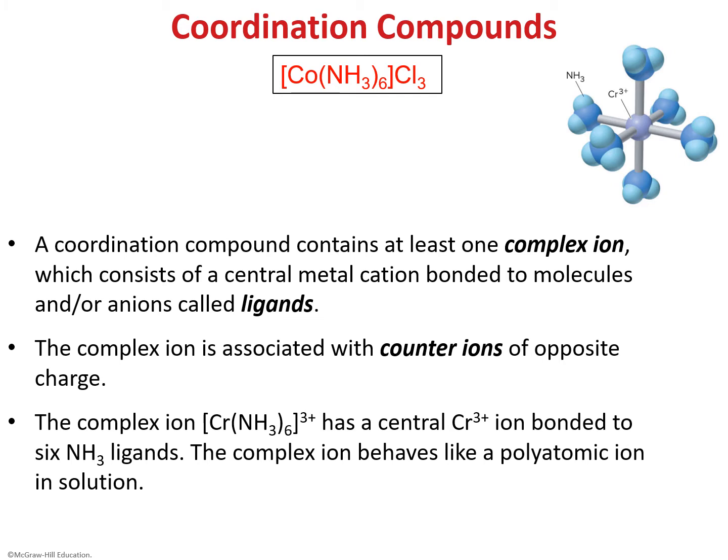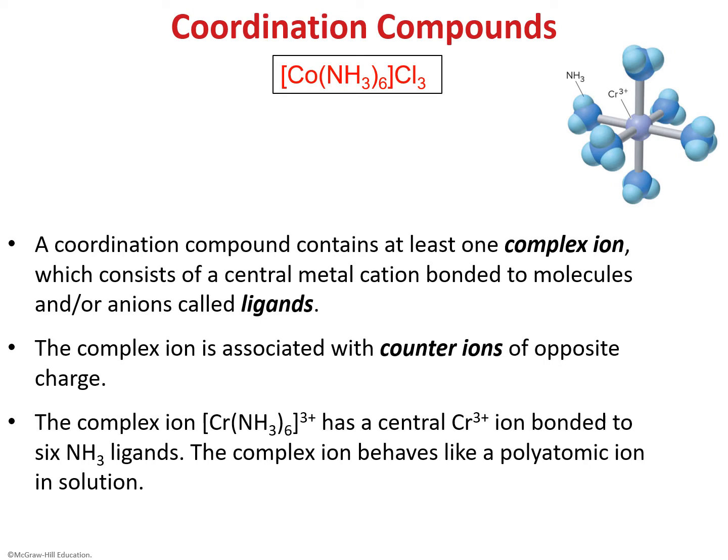How can you identify a coordination compound? You would see that a certain part of its formula is written in square parentheses. Whatever is written in square parentheses is called the complex part of that compound. So this compound consists of a part in parentheses and a part outside the parentheses. Here we have Co(NH3)6 in parentheses and Cl3 outside.